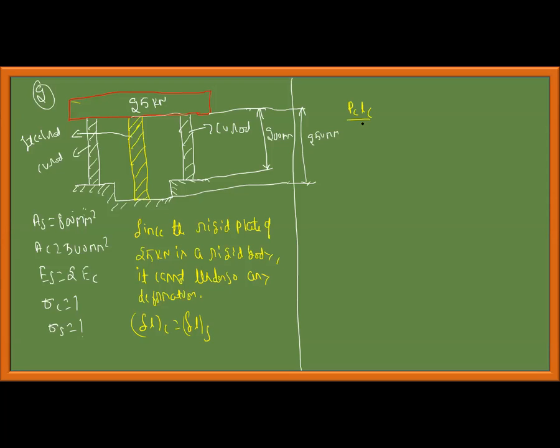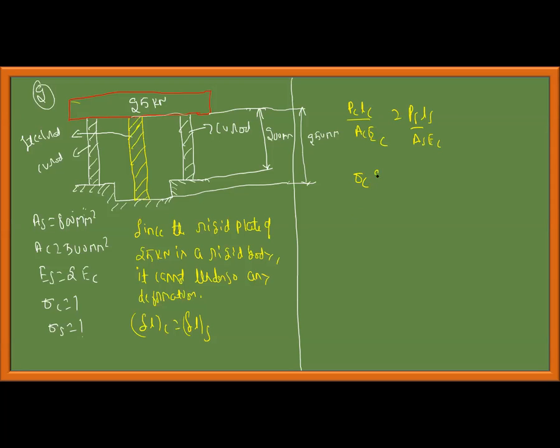Delta L is equal to PL by AE. So PC LC by AC is equal to PS LS by AS. PC I can write as sigma C into LC.